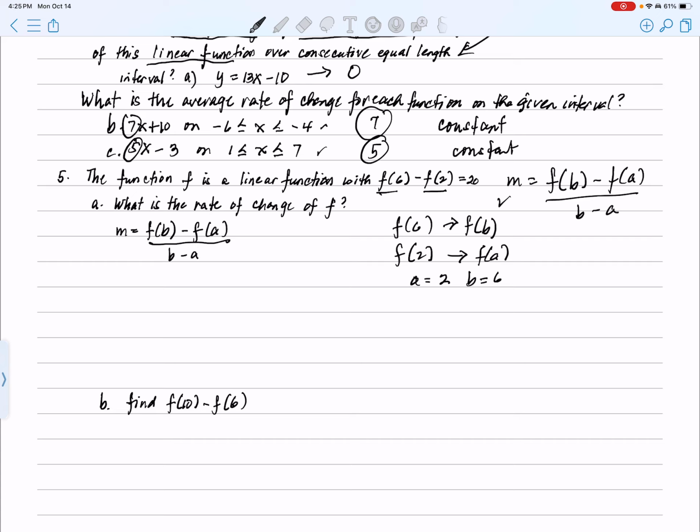I'm going to substitute first. So f of b is f of 6 minus f of 2, that's a. So b minus a would be 6 minus 2.